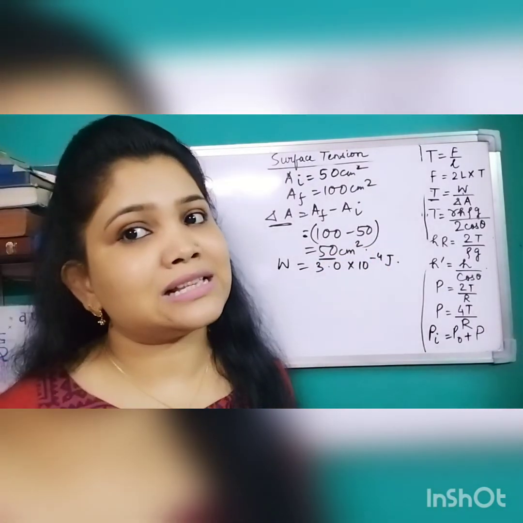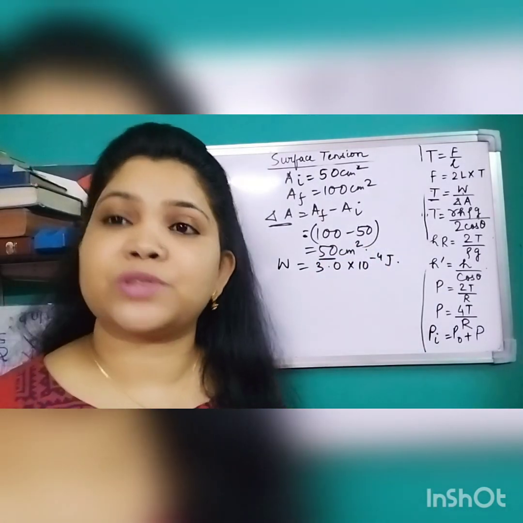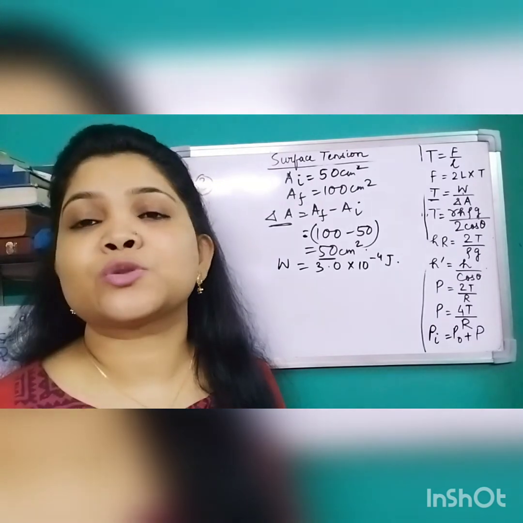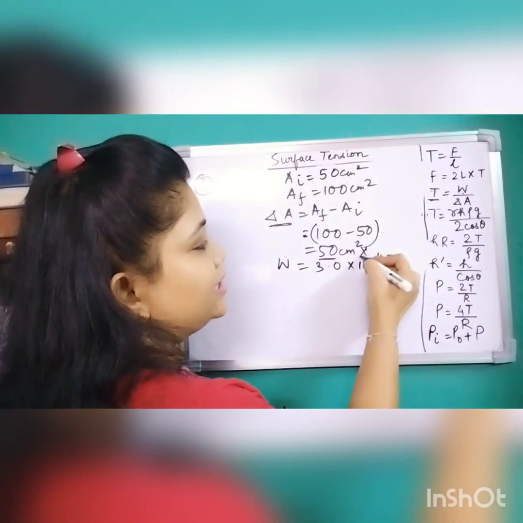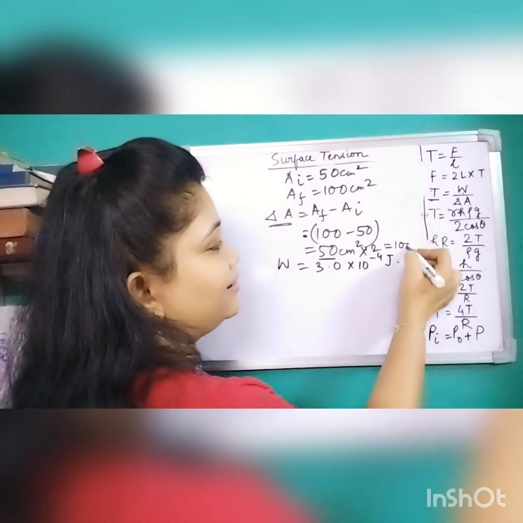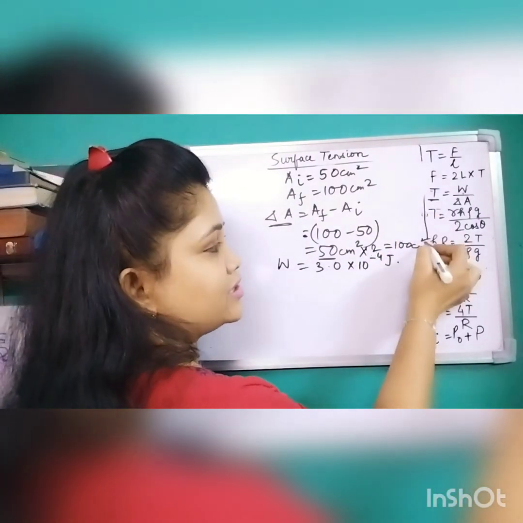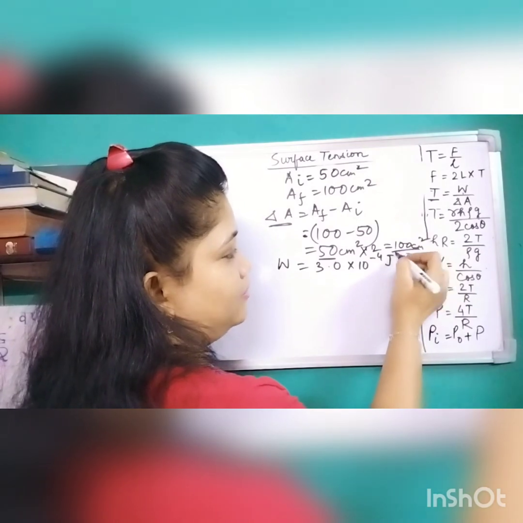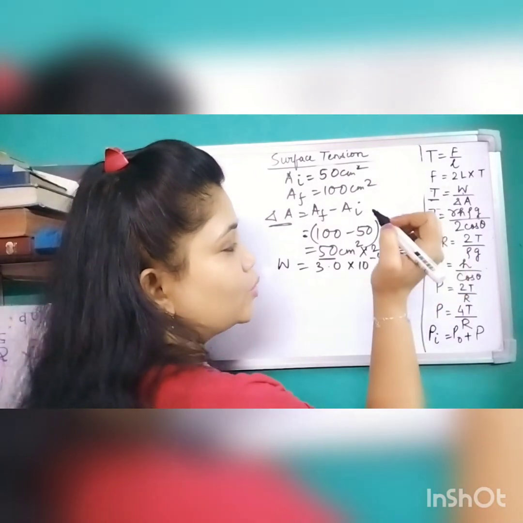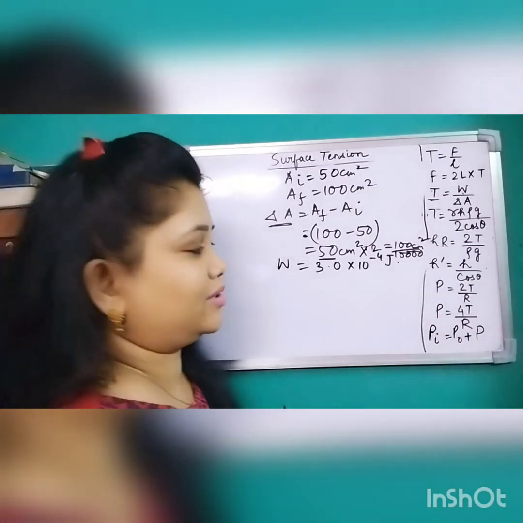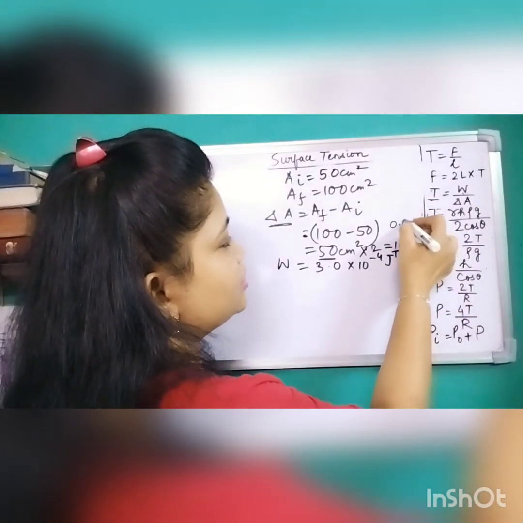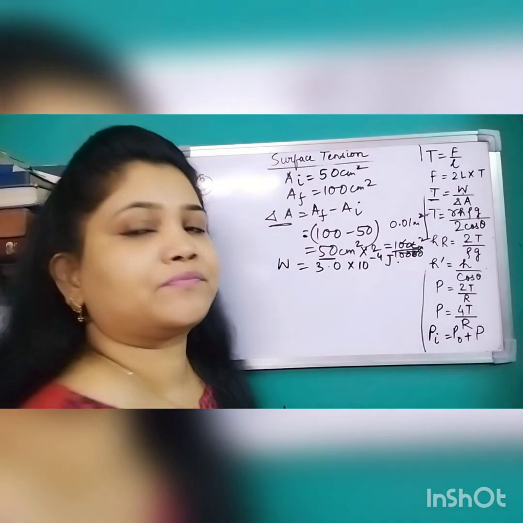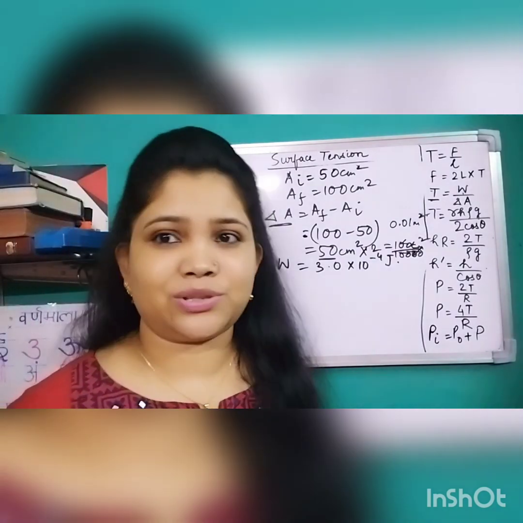But as they have mentioned soap solution, and soap solution or soap bubble, as I told you, has two surface areas, we'll be multiplying this by 2. That means 100 centimeters square, which we divide by 1 with 4 zeros to convert into meter square. So we get 0.01 meter square, or you can write 10 to the power -2 meter square also.